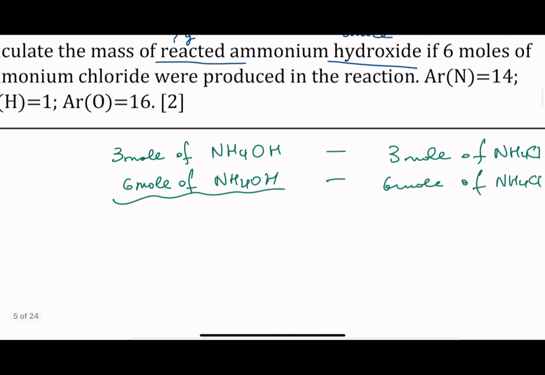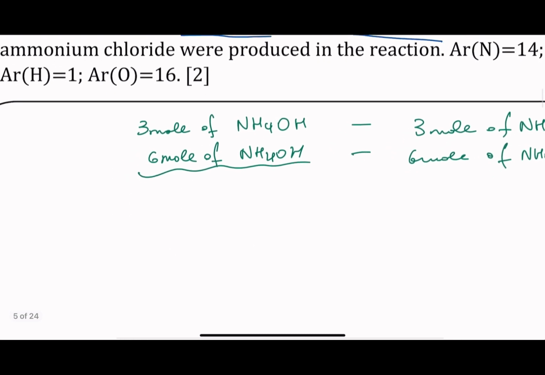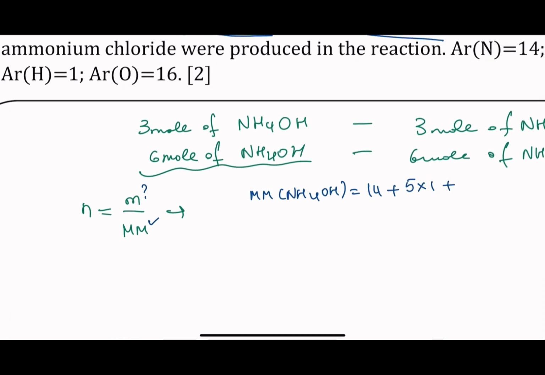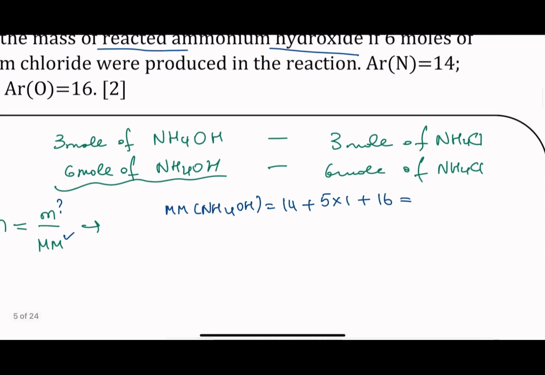So now you have the mole amount of ammonium hydroxide, n equals m over MM. And now let's follow the step. Now it is asking us the mass of it. We can find the molar mass of ammonium hydroxide. You have here 1 nitrogen, so 14, and then you got 5 hydrogens, which is 5 times 1, and then 1 oxygen, which is going to be 16. So 30 plus 5 would be 35 gram per mole.